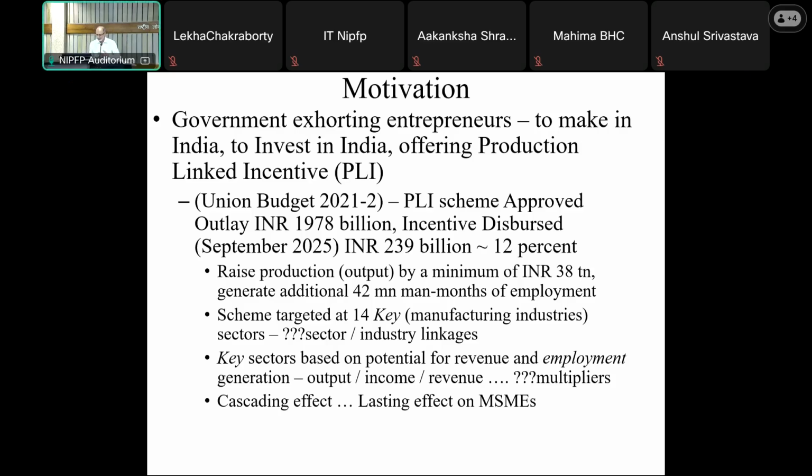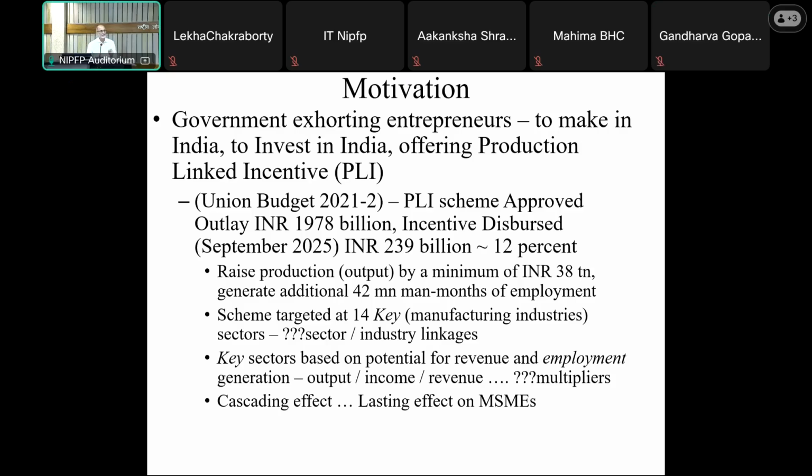The idea was to raise production or output by a certain level, but that is not what my motivation is for this paper. My motivation is that the scheme targeted 14 what they say key sectors or manufacturing industries.